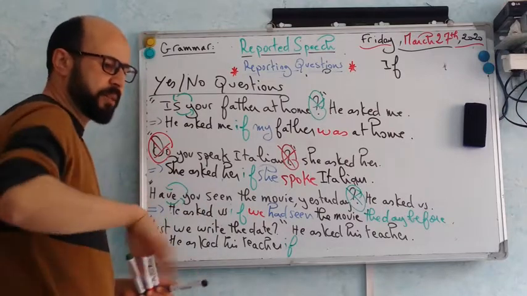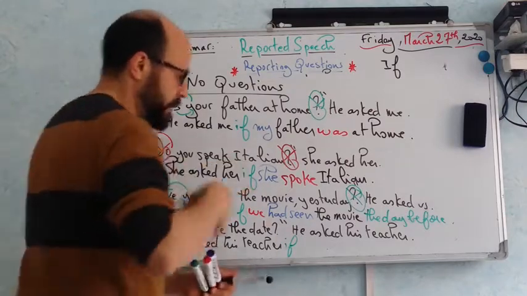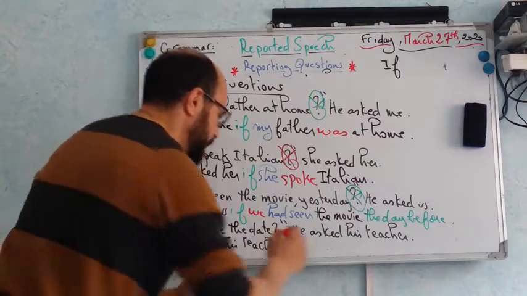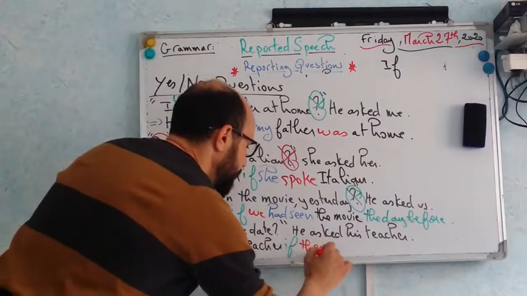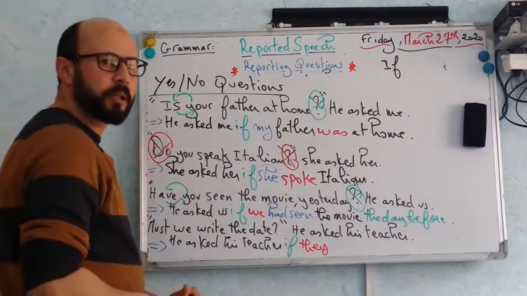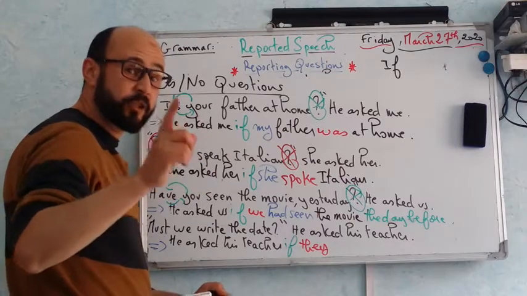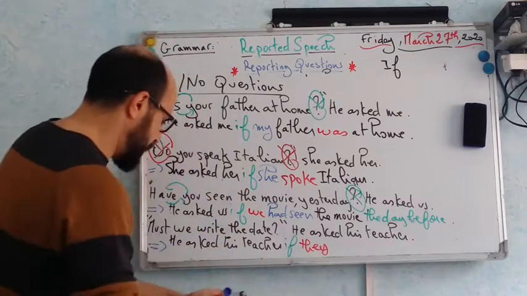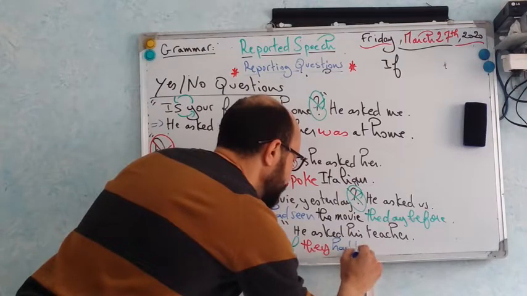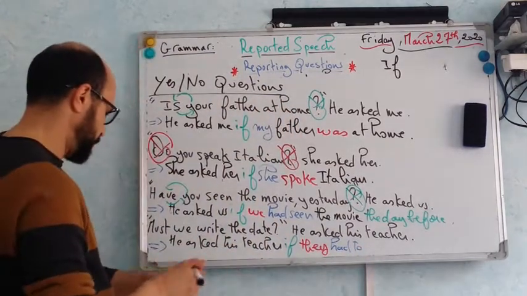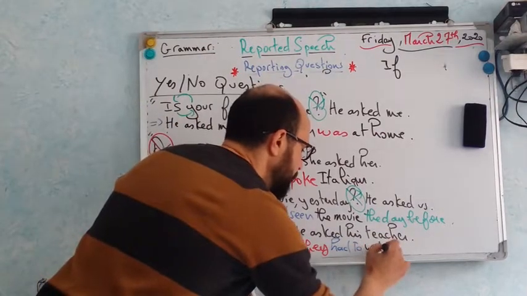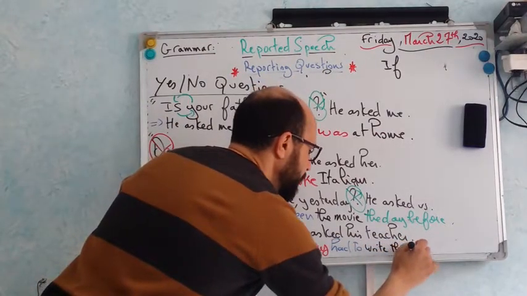The student is speaking about himself, and so he asked his teacher if they, good, if they must. Good. Had to, not have to, but had to. If they had to write the date.